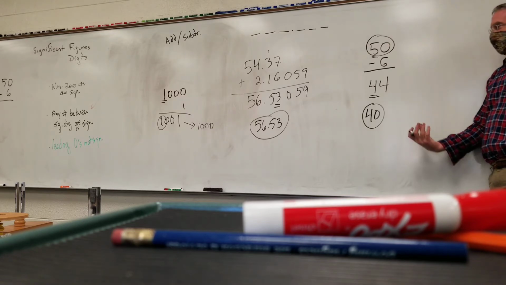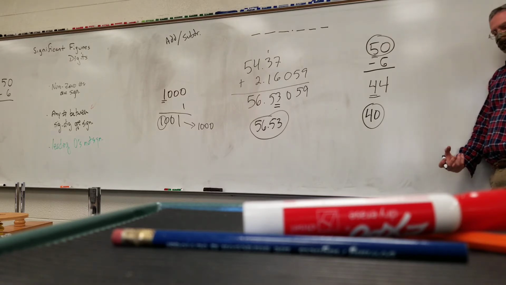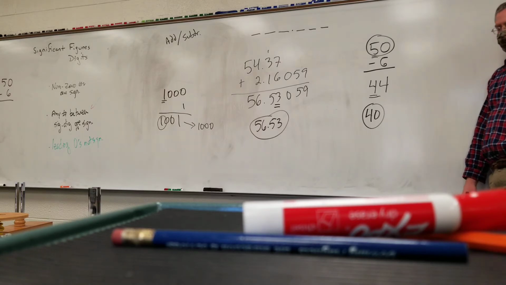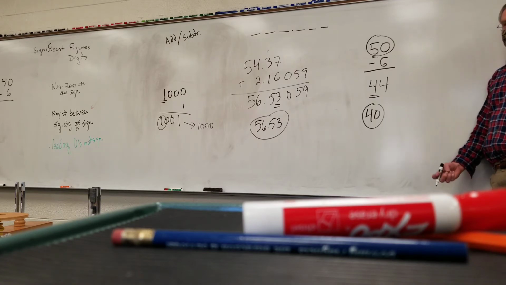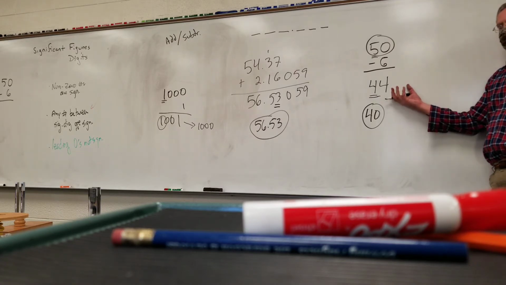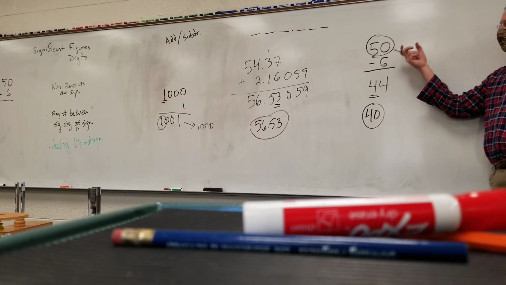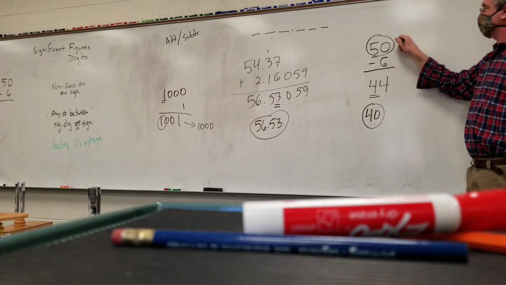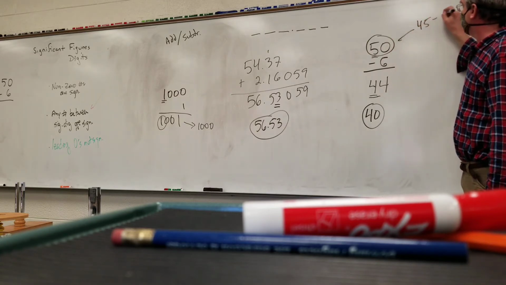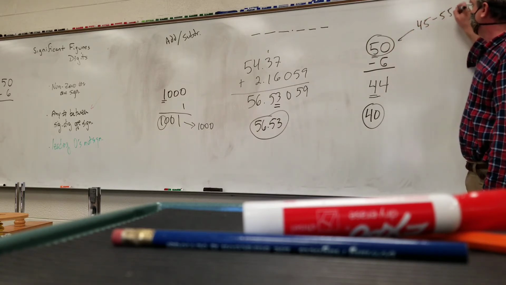Now, to me, I look at that and I'm going, that just seems wrong. 50 minus 6 is 44, it's not 40. It comes down to the meaning behind it. If this is just a math class, yes, it's 44. But in science, we're dealing with a lot of measurements. This 50, the way it's presented here, represents some number between 45 and 55.